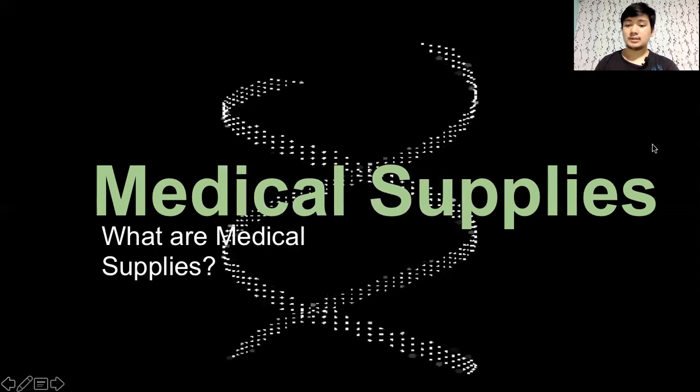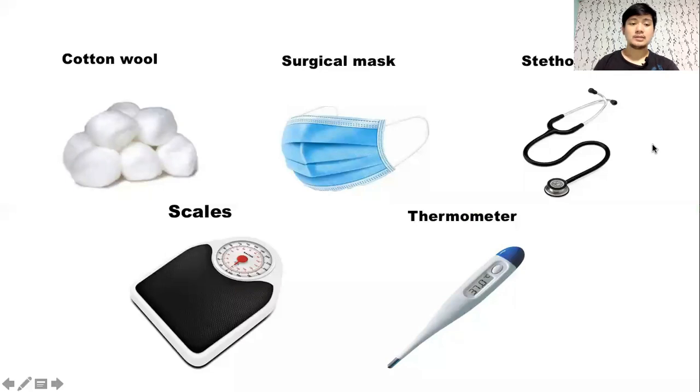So next is the examples of medical supplies. First is cotton wool, used to prevent bleeding from minor punctures such as injections or venipuncture.